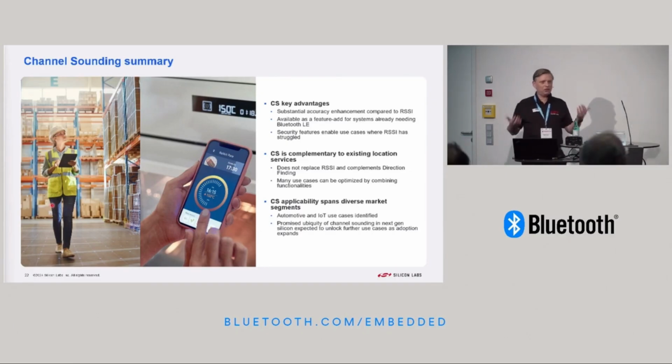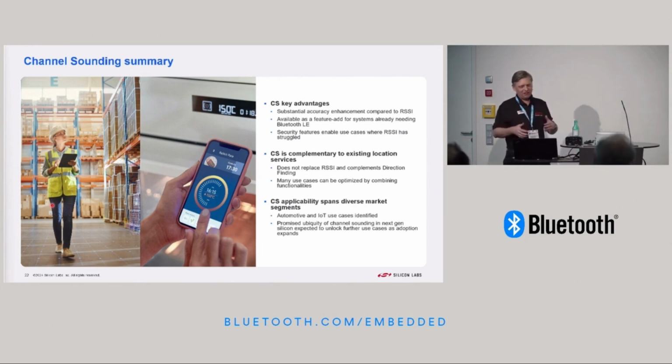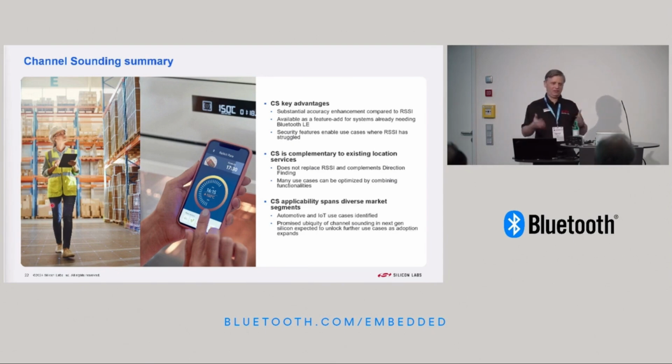And also because security was considered from the inception of this standard, that helps to unlock certain use cases such as passive entry, passive start in automotive, and access control with door locks that wouldn't necessarily be appropriate for an RSSI-based approach to localization.